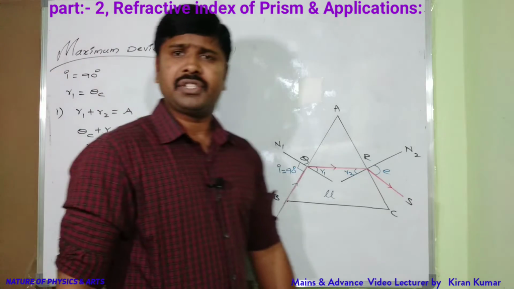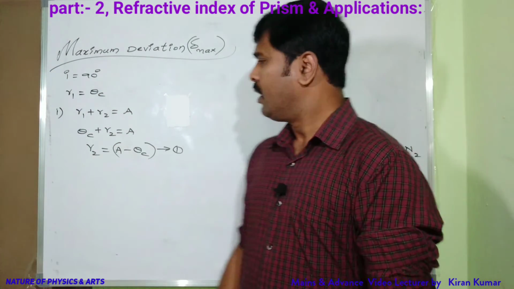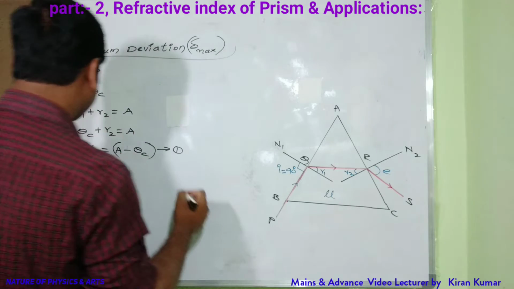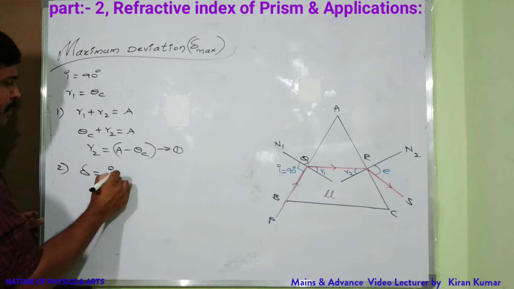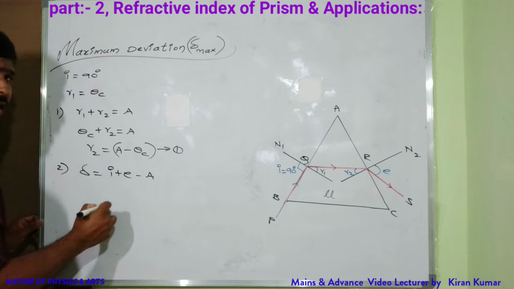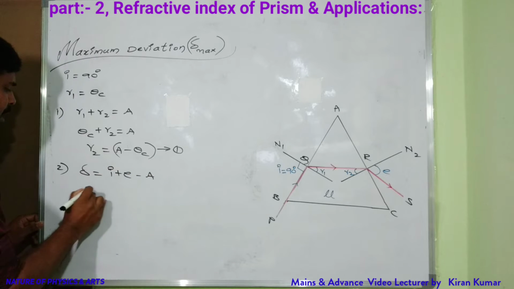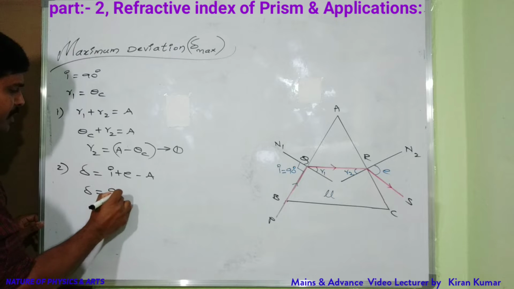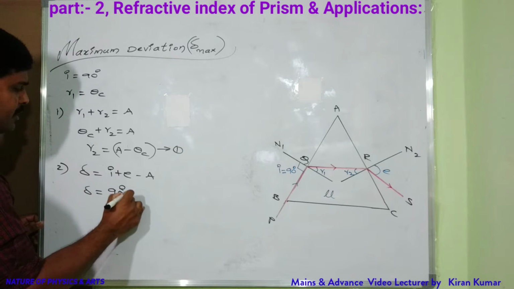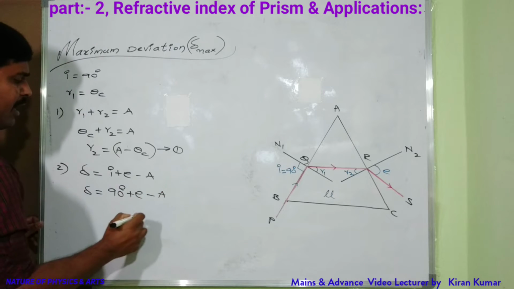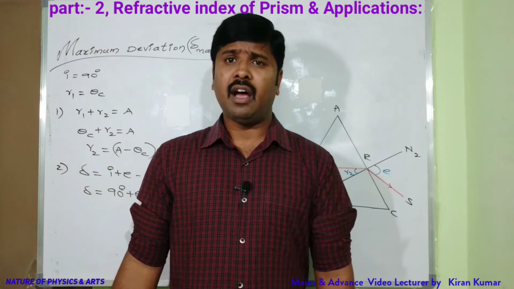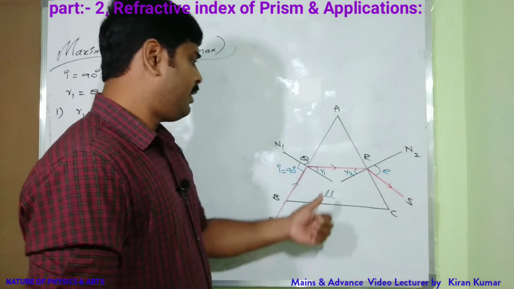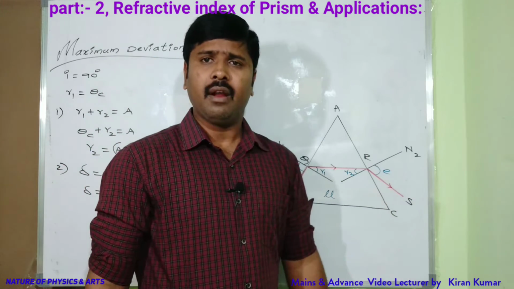And try to understand the second relation, that is the second formula: delta is equal to i plus e minus A. Here delta is equal to the i value, 90 degrees, plus e minus A. Here the e value we have to find from Snell's law when light travels from the denser medium to the rarer medium.